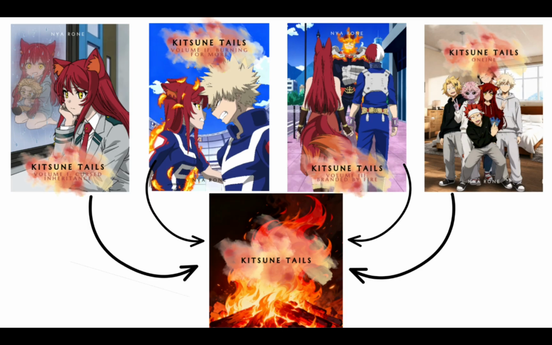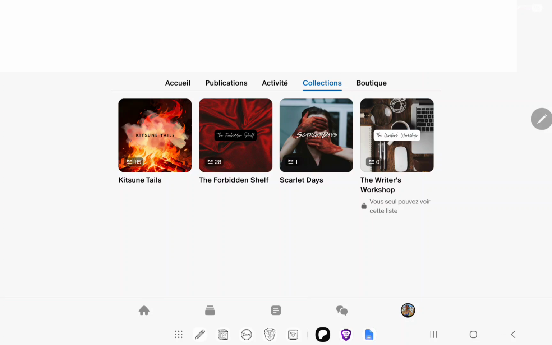So instead of organizing by individual books or volumes, I organize by universe. Each universe gets one collection, as you can see, and everything related to that universe lives inside it. So, chapters, bonus scenes, artwork, world building, author notes, everything, it all stays together in one place.